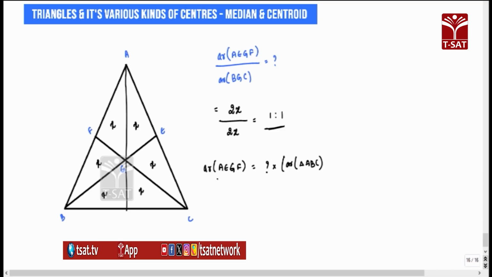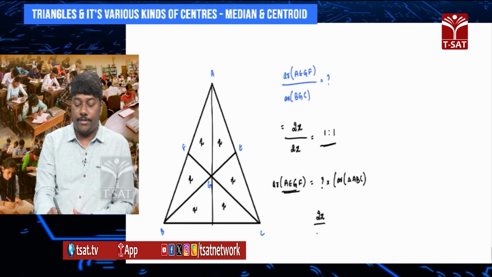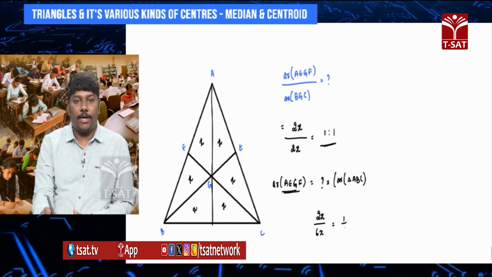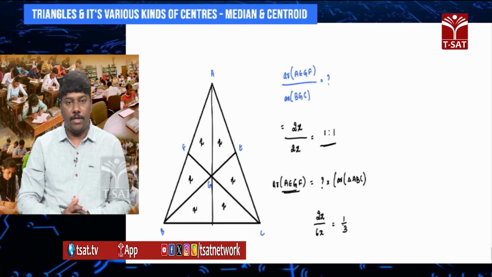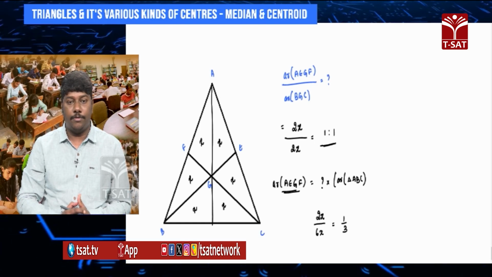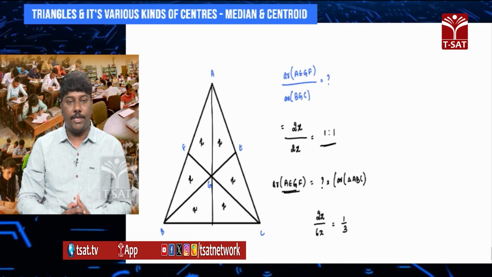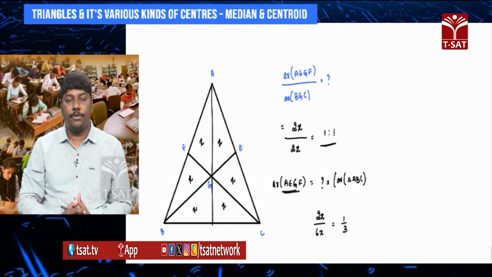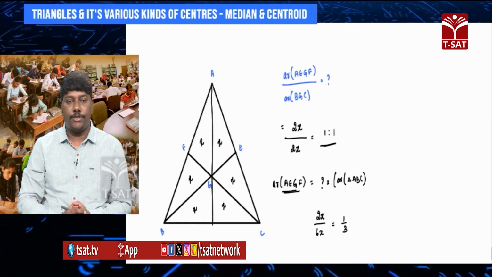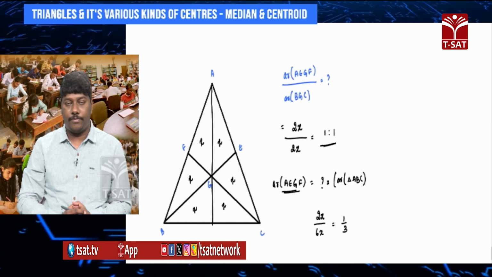If you look, this quadrilateral actually consists of two small triangles out of a total of 6 triangles. Therefore, this is 1/3 of the area of ABC. Sometimes they may ask you about AEGF also, so be careful here: it is actually a quadrilateral, but it is composed of two triangles. Therefore, it is 2 triangles out of 6 triangles, which is equal to 1 out of 3.